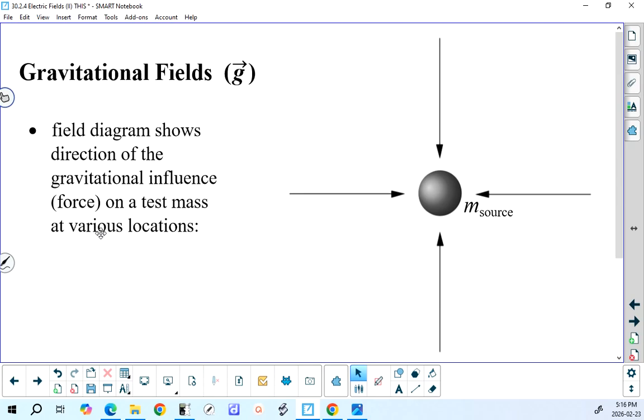I think you get the idea that no matter where I put a test mass, the influence, which is the direction of the field it's in, will always be towards the source mass. And that's why we say that this is the gravitational field diagram for a source mass. And this is something you would have been taught in Physics 20.